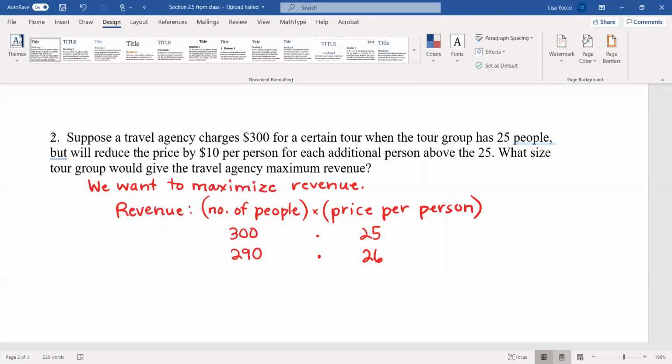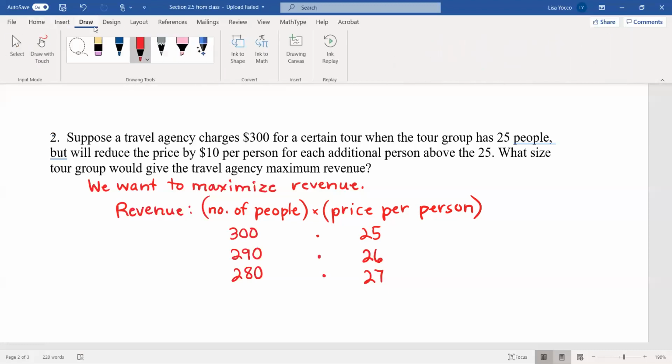For 27 people, it goes down to $280. And you could actually multiply those together and just keep doing that until you found the maximum value. That would be one way to work it. It's not wrong, if you're just trying to solve the problem.